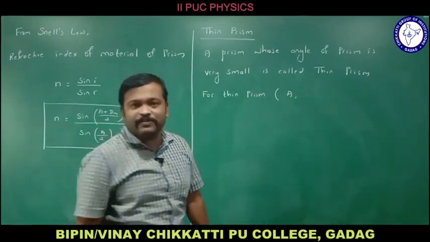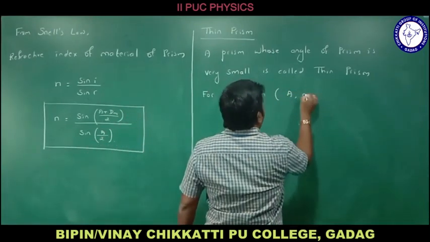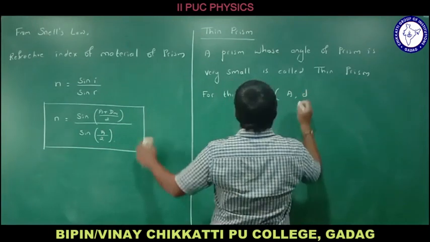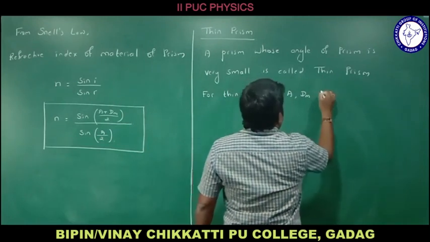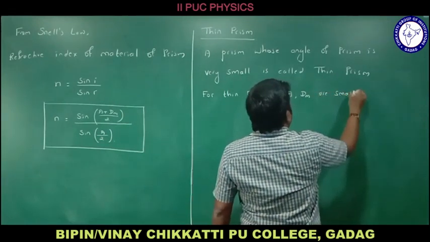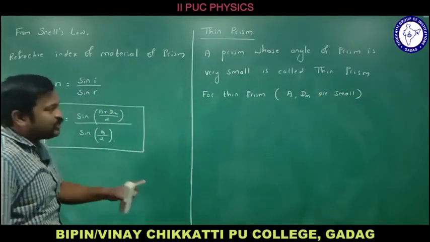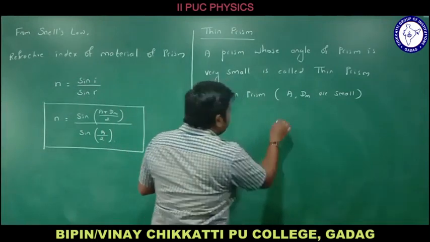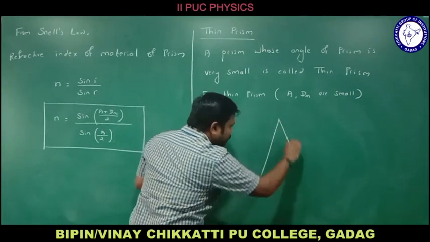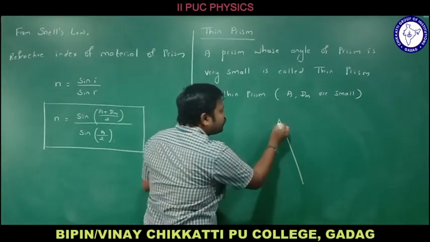If angle of prism is small, definitely angle of minimum deviation, let me take like this, dm, what do we say here? Small, right? Do you understand? If angle of prism is small, angle of minimum deviation is also small, right? For example, what is thin prism? Let me take like this. So this is thin prism, right? Angle is small.